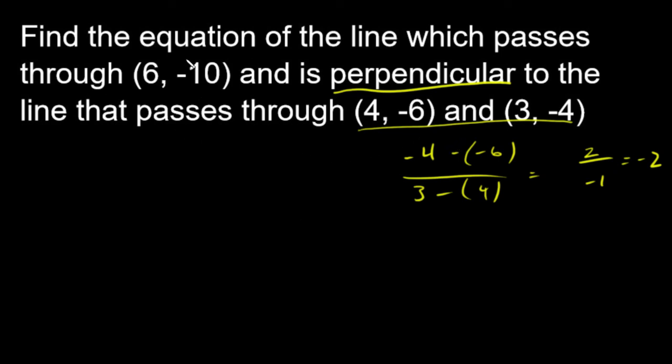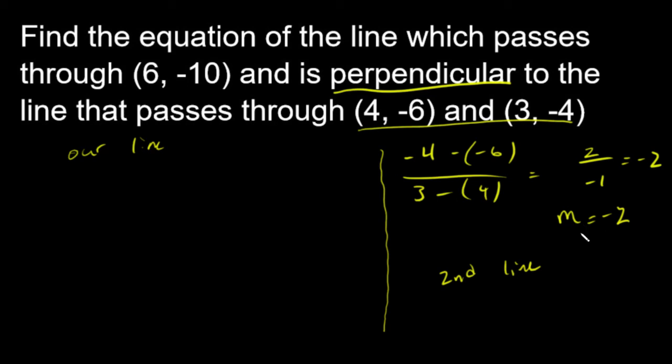Now, our line is perpendicular to this line here. So if m on the second line is -2, what is the relationship between this second line's slope and our line's slope? Well, the slopes should be opposite reciprocals of each other.